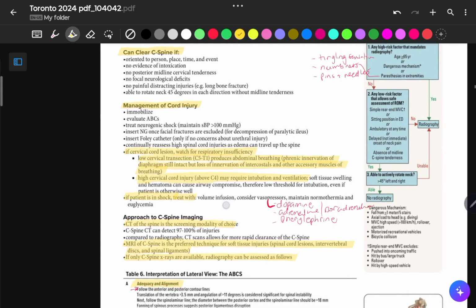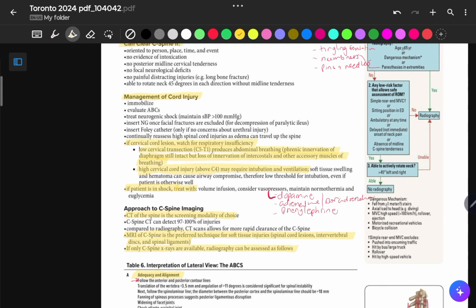Now, if you have a high cervical cord injury above C4, C4 going up to the head, this may require intubation and ventilation. Soft tissue swelling and hematoma can cause airway compromise, therefore a low threshold for intubation, even if the patient is otherwise well.